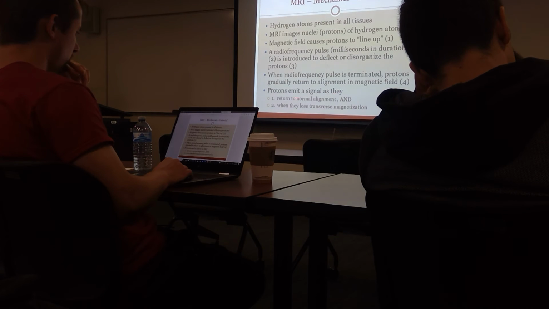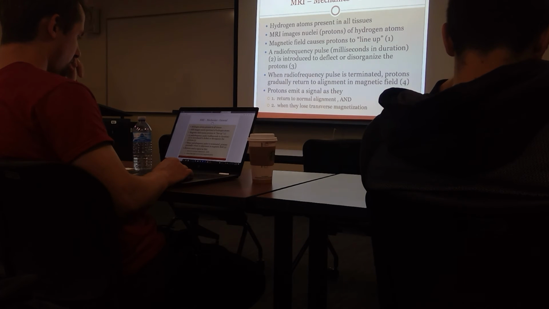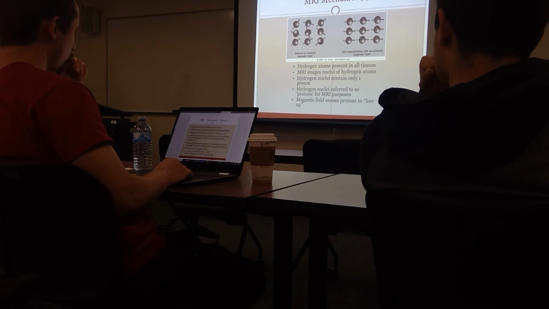Protons emit a signal when they return to normal alignment, and they also emit a signal when they lose their transverse magnetization. So they move amongst themselves and within themselves, and both emit a signal. If you think about how they ever figured this out, it's pretty amazing. Who actually thought of this? Well, these are the nuclear physicists.